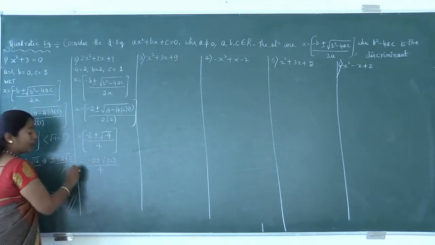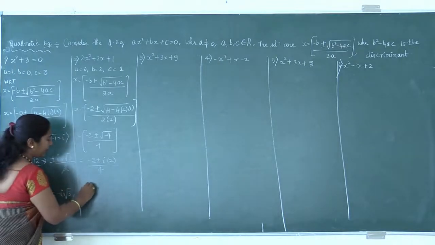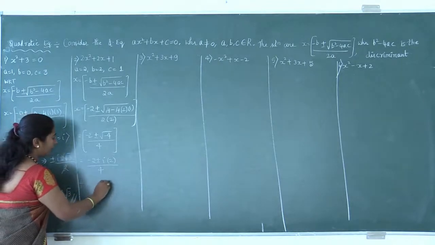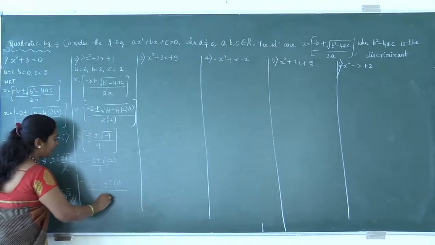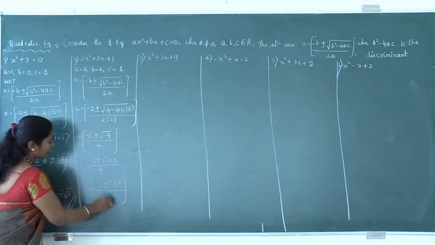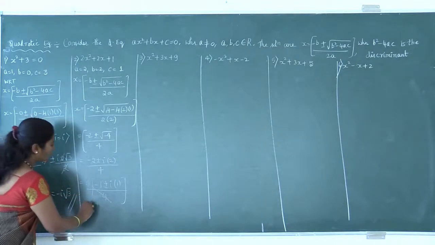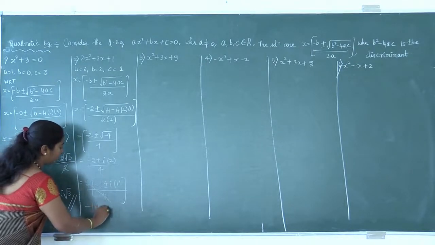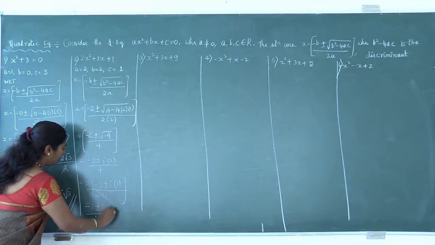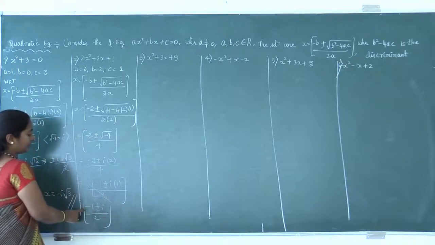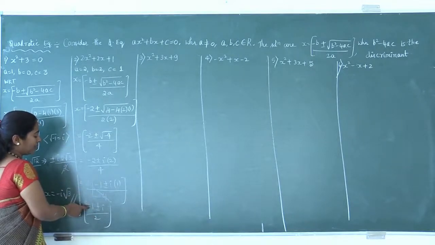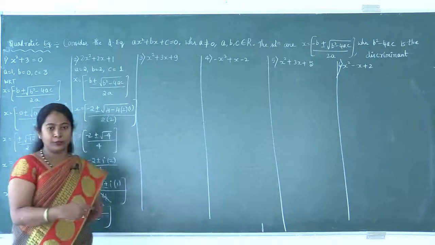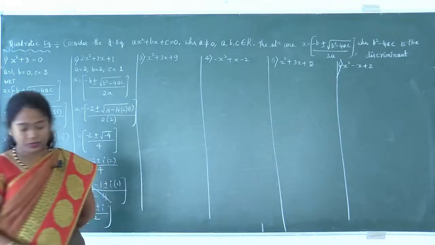Can I take out 2 as common in the numerator? Yes. So what remains? Minus 1 plus or minus i into 1 divided by 4. You can simplify. The answer will be minus 1 plus or minus i by 2. So x has got two solutions, minus 1 plus i divided by 2, and the other solution, minus 1 minus i by 2. These are the two solutions.